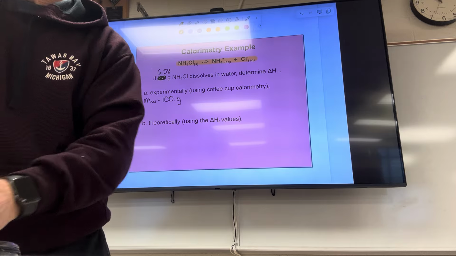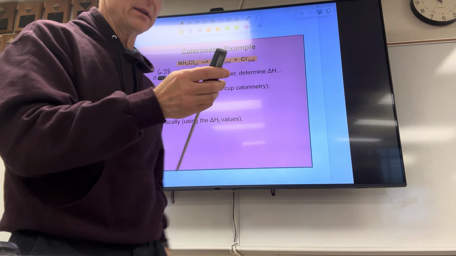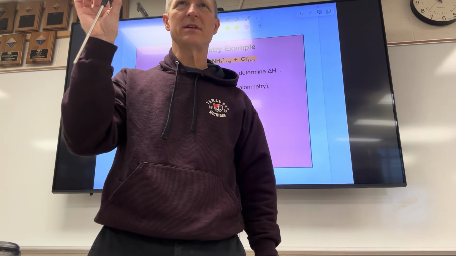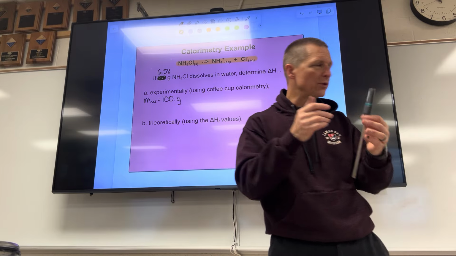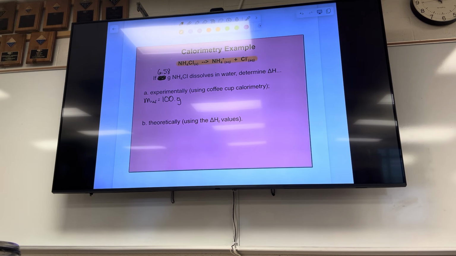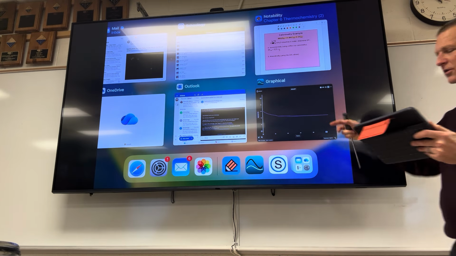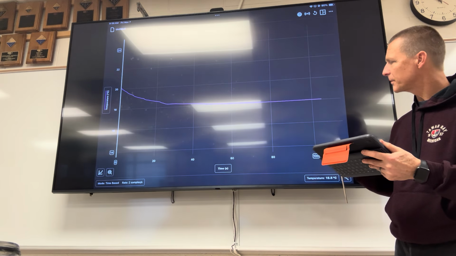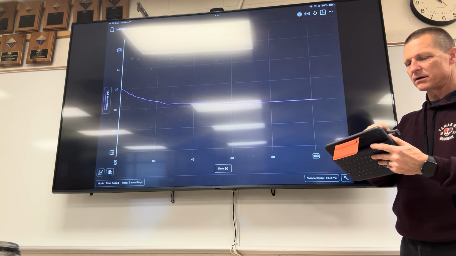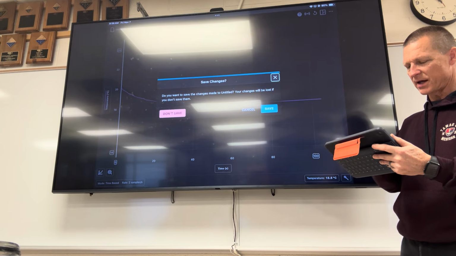Okay, so now I have to take my, have you used these before? Everybody used these? Thermometers that don't have any numbers on them because they're Bluetooth connected to the iPad. I think I still have graphical analysis. So you're going to have to use this one, graphical analysis. And that was the curve we got last hour.